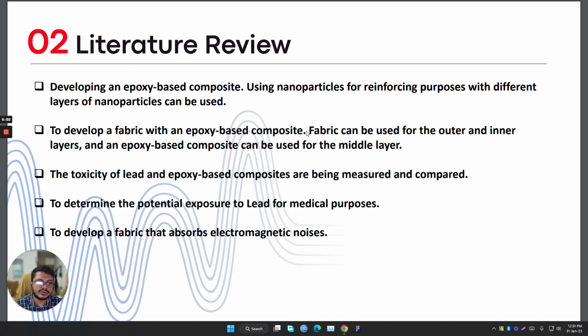Fabric can be used for the outer layer and inner layer, and an epoxy-based composite can be used for the middle layer. The toxicity of lead and epoxy-based composite are being measured and compared. We want to determine the potential exposure to lead for medical purposes, and to develop a fabric that absorbs electromagnetic noises.